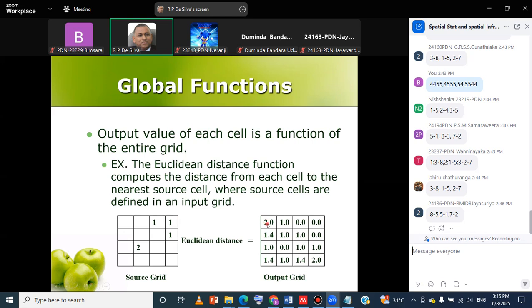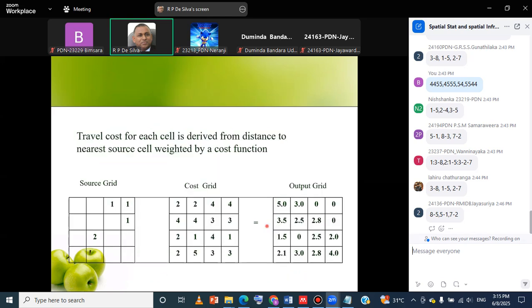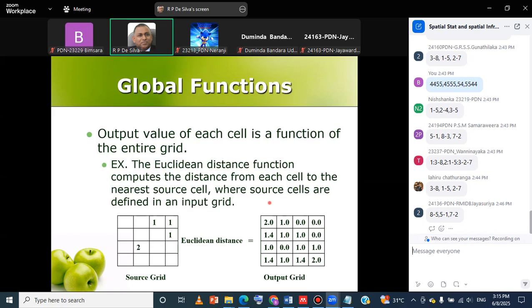When you just apply the Euclidean distance to the source grid, this value is 2. Basically, you have to travel from the source grid to the nearest source. From the point, you need to have a Euclidean distance of 2.